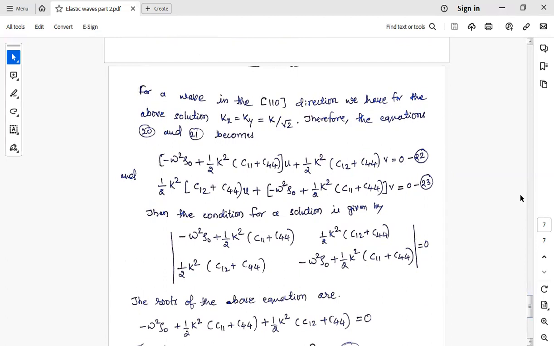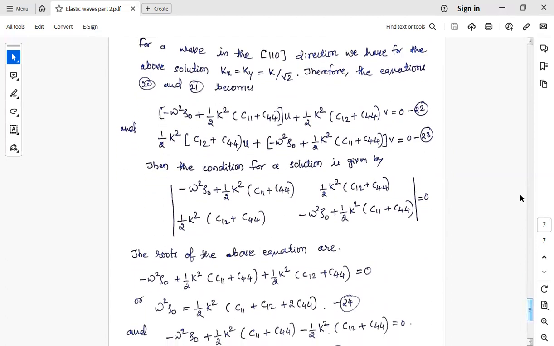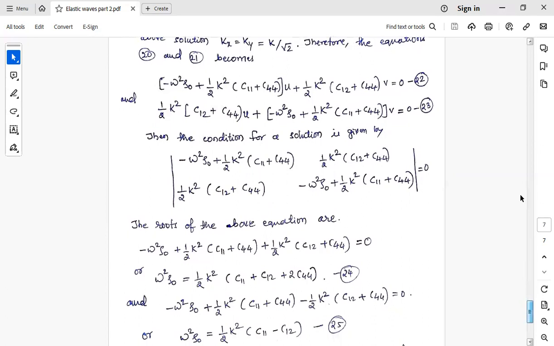And now we have to solve these equations 22 and 23. We can solve these two by taking a determinant of the coefficients of u and v. So I am writing here a determinant of the coefficients of u and v in equations 22 and 23.